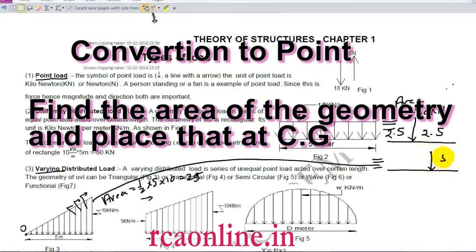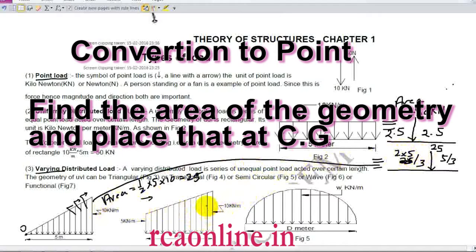So it is 5/3 from the left and 2 into 5/3 from the right. So that is the load 25 which is acting. This is very important for finding the reaction and for writing the shear force and bending moment diagram.